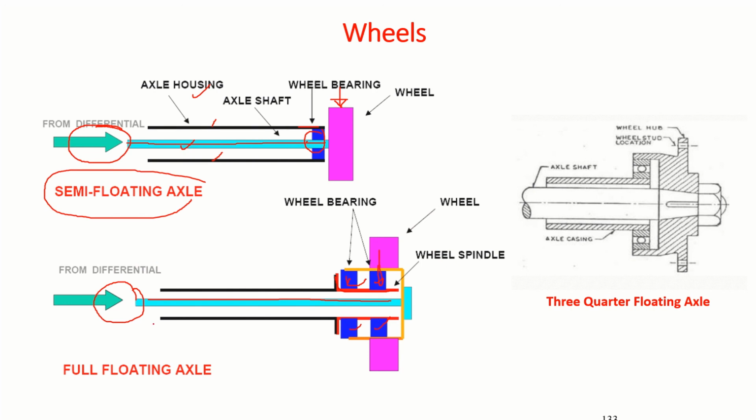That is what happens in the fully floating axle. Here again, we also have the three-quarter floating axle. You can observe here, if you have the wheel over here, partly on this, partly on this, you will get it.